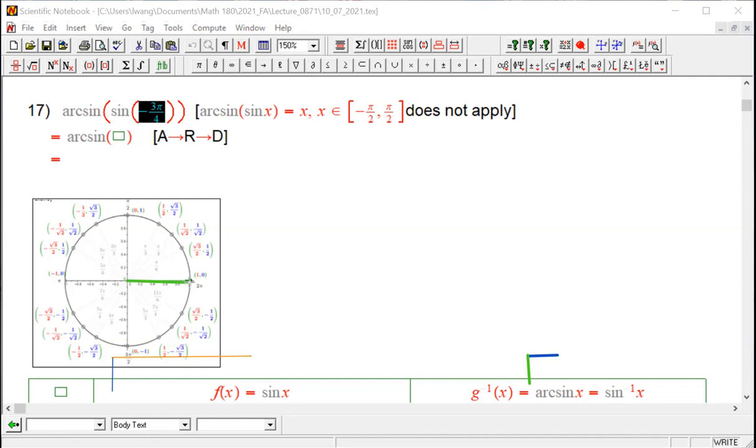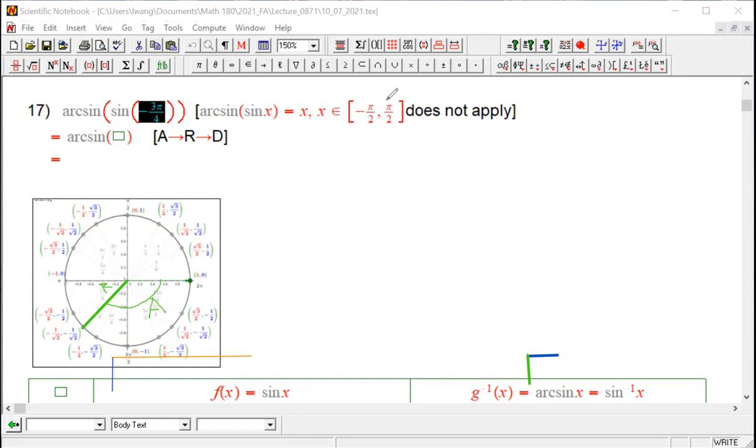Because it's a negative angle, clockwise, and we terminate here. So this is A. And what's the reference angle? The reference angle is here, π/4. And D is a definition. You apply definition, we get -1 over √2.